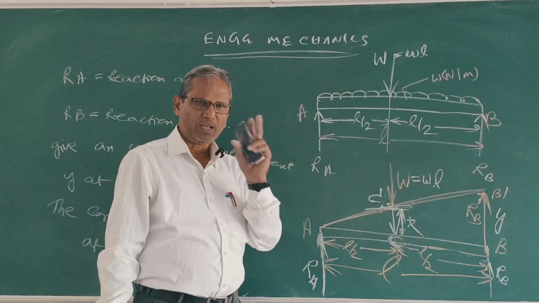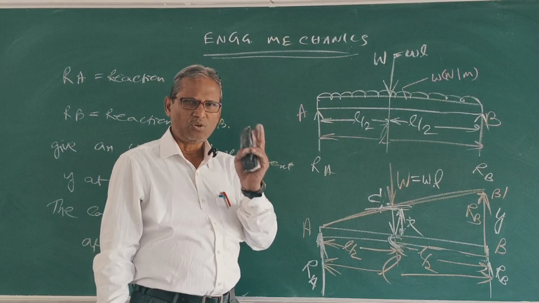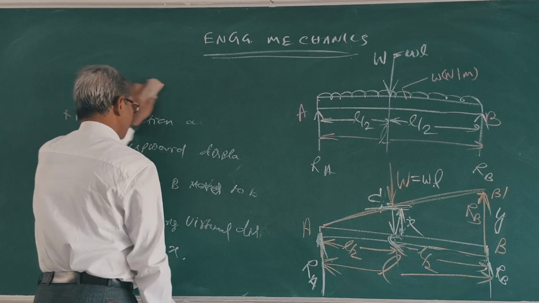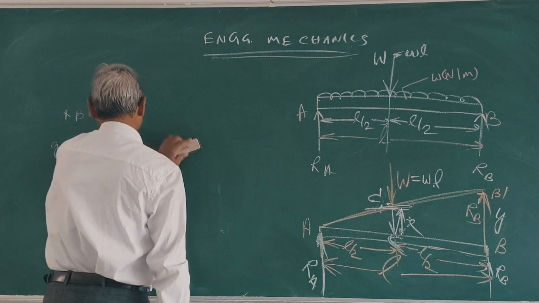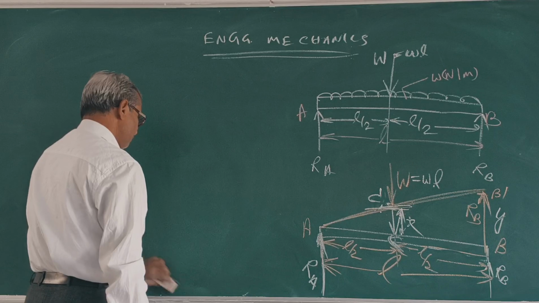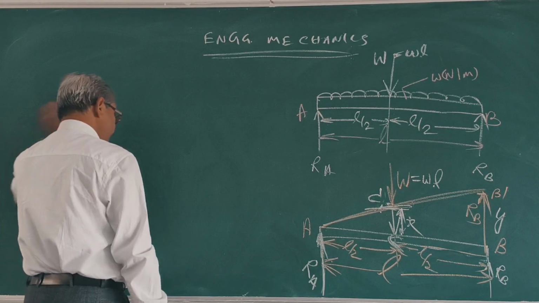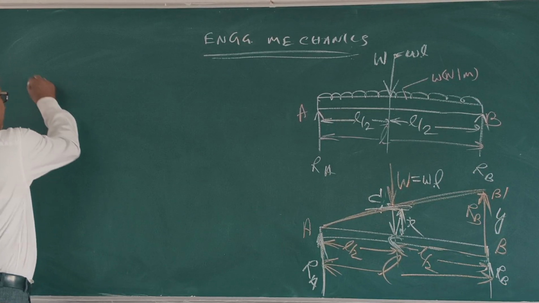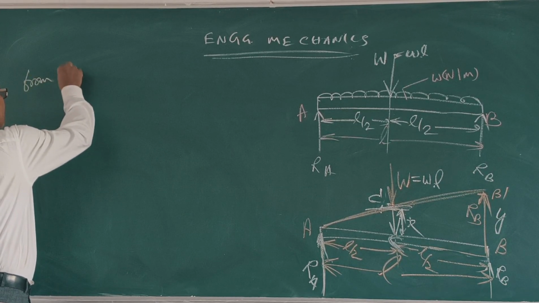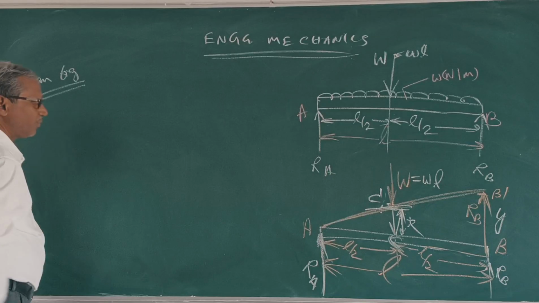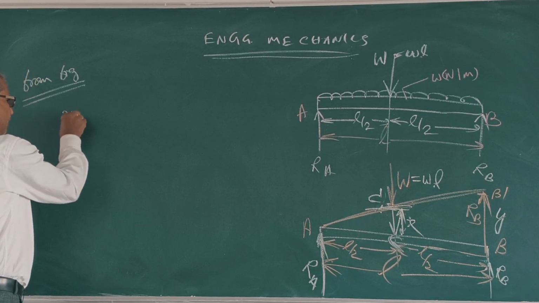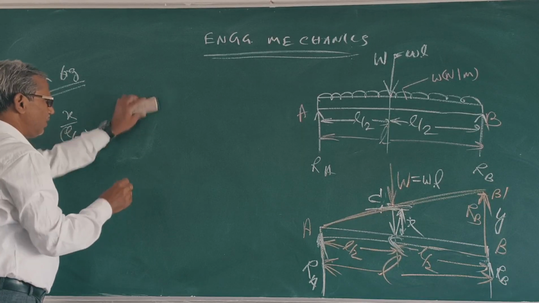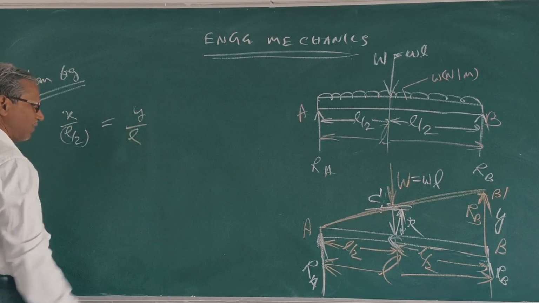Now find out x in terms of y. From figure, x by L by 2 is equal to y by L. Clear?